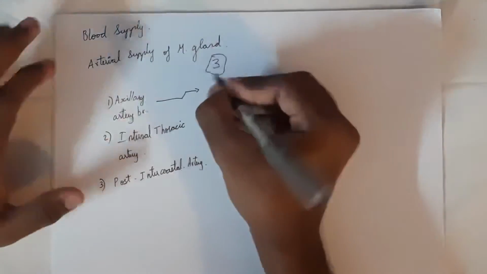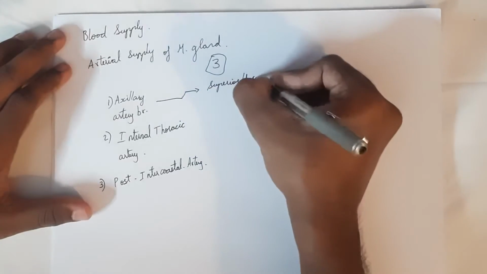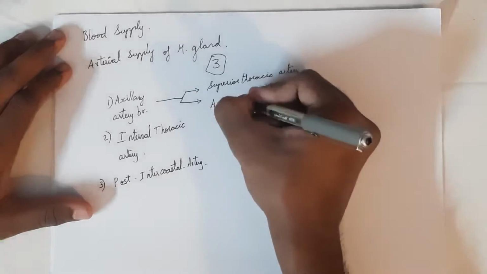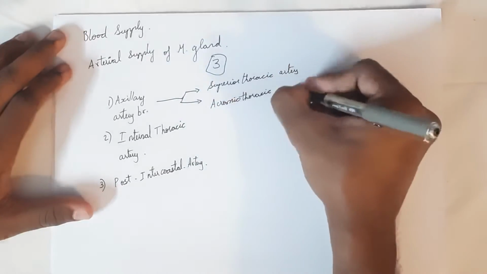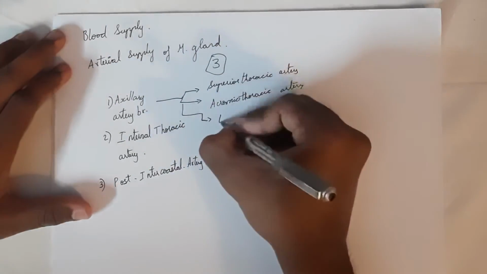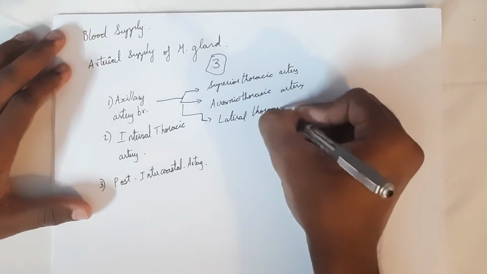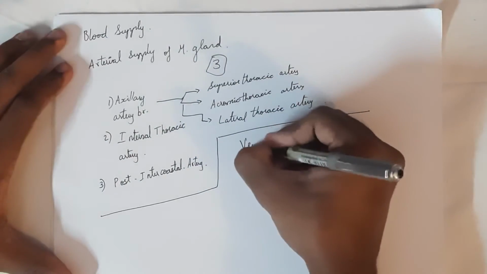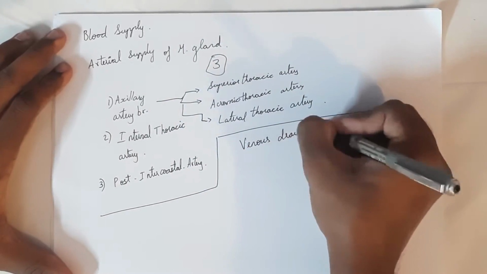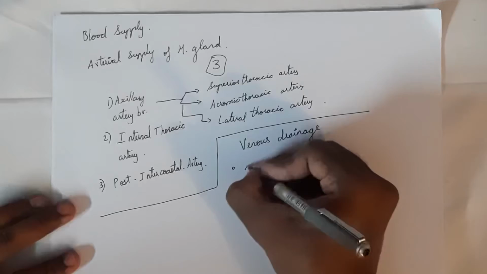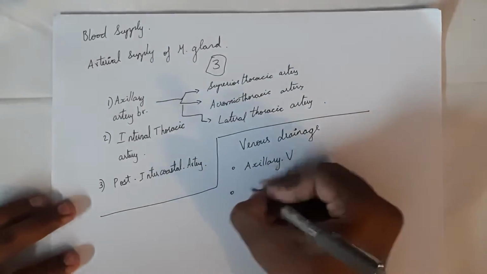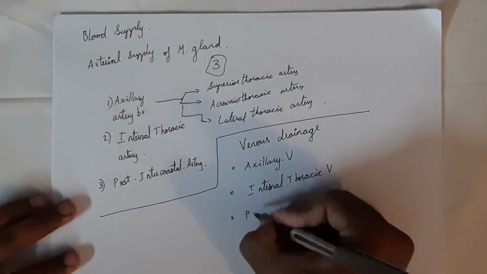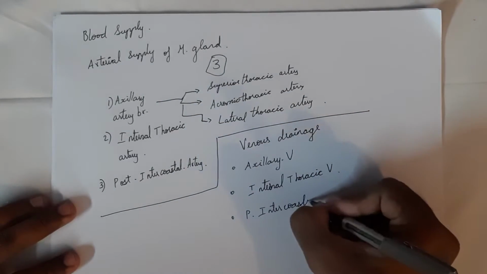Axillary artery branches are the superior thoracic artery, acromiothoracic artery, and the lateral thoracic artery. And now moving on to the venous drainage. The pattern continues, that is, the axillary vein, internal thoracic vein, and then the posterior intercostal veins.